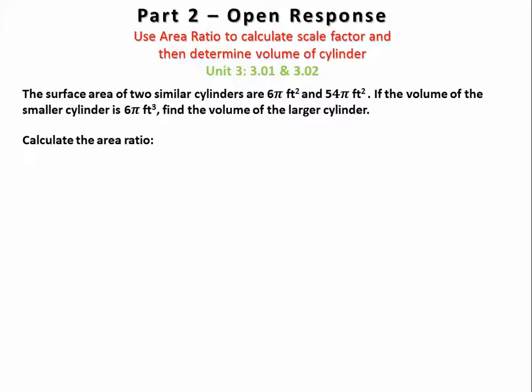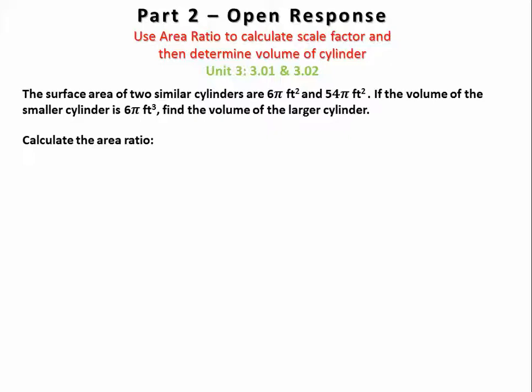One of the questions that you're going to see is: use the area ratio to calculate scale factor and then determine volume of a cylinder. So you're going to have to figure out what the scale factor is and then use that scale factor to calculate the volume.